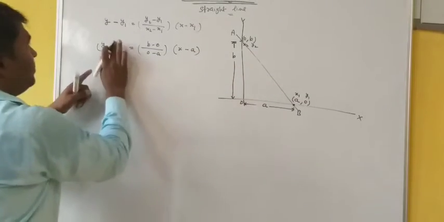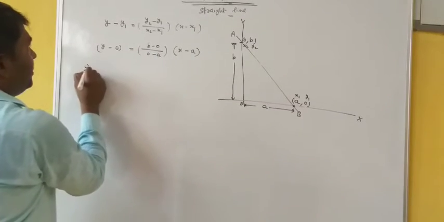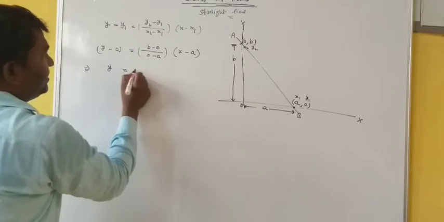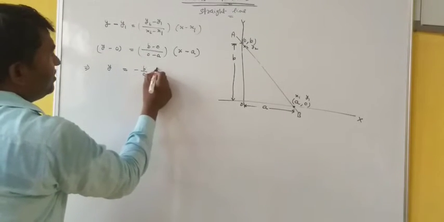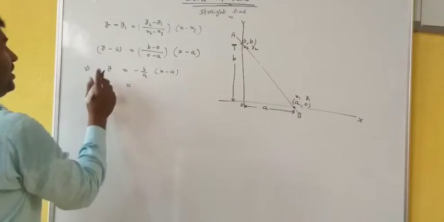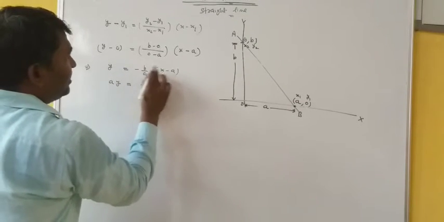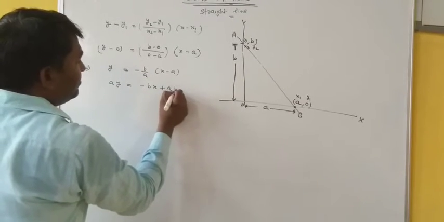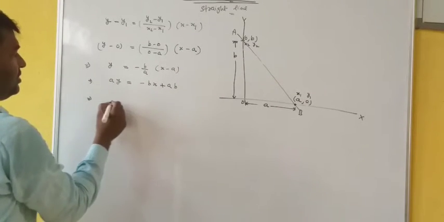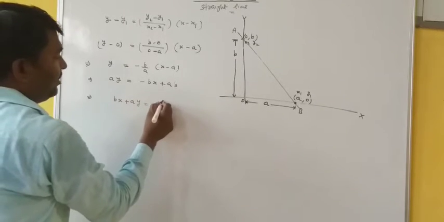Here y1 is 0, so sorry. Now from here, y is equal to b upon minus a, that is minus b by a, into (x minus a). Cross multiplying, ay is equal to minus bx plus ab. Now transposing the minus bx to the left hand side, you get bx plus ay is equal to ab.